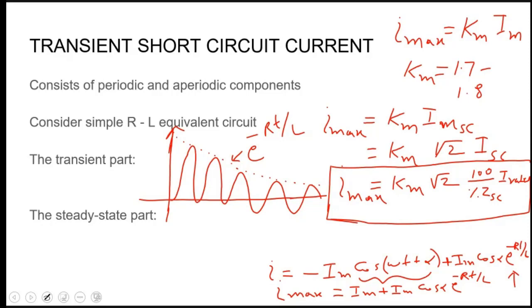But if you would like to calculate forces on the windings, then is there a way? Does anyone have an idea about forces and energies, how they are related?